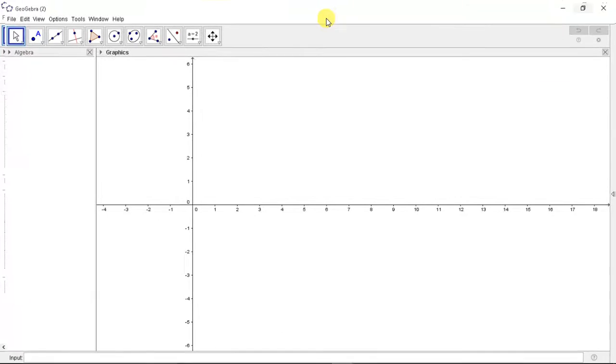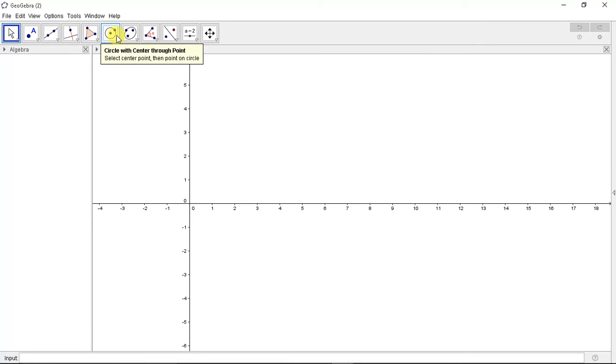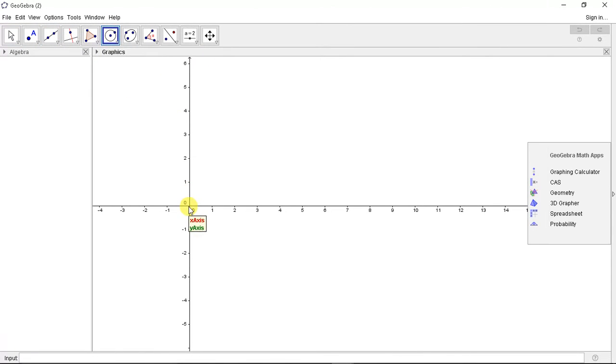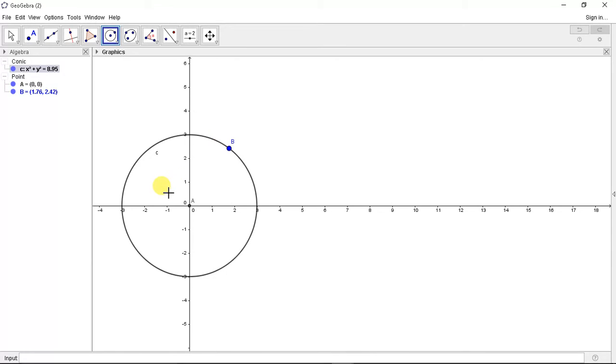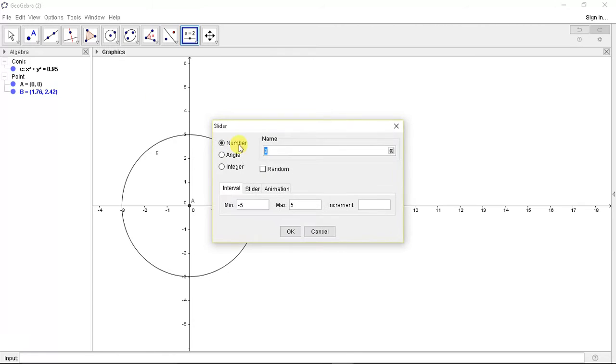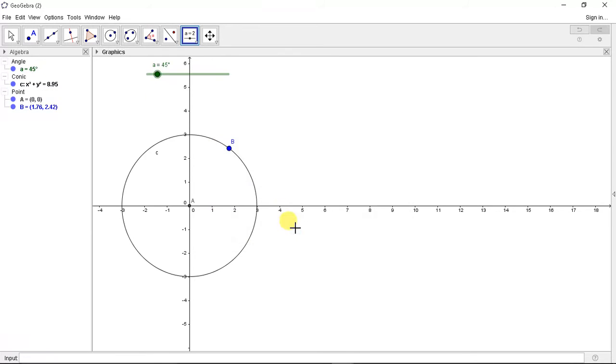Okay, so now let's start how to build this slider crank mechanism. New window. First we define a circle, point B. Now we define a slider from 0 to 360, naming it small a.